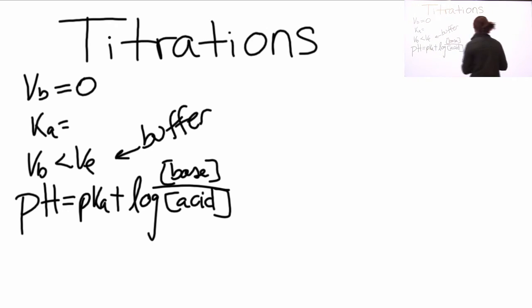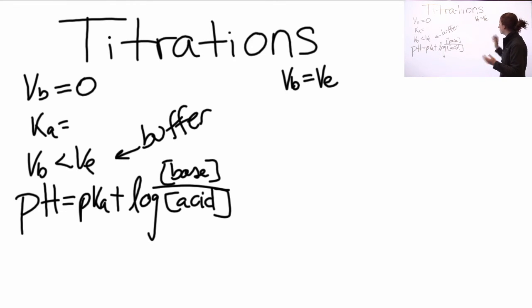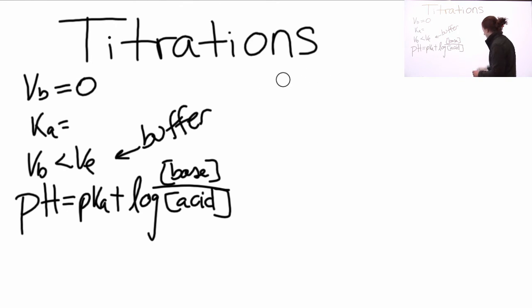And then at volume equivalence, it's a little bit different. So what you're going to do is you're going to end up calculating the pH based off your not fully dissociated acid, and then comparing that to your base. We won't get into that because it's in the book in quite detail and it'll take too long to cover here.